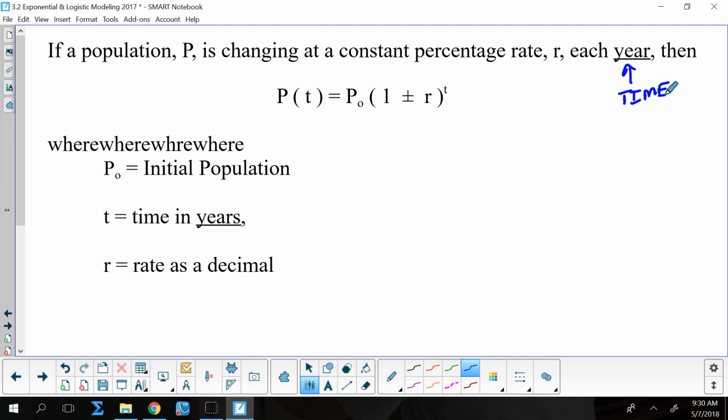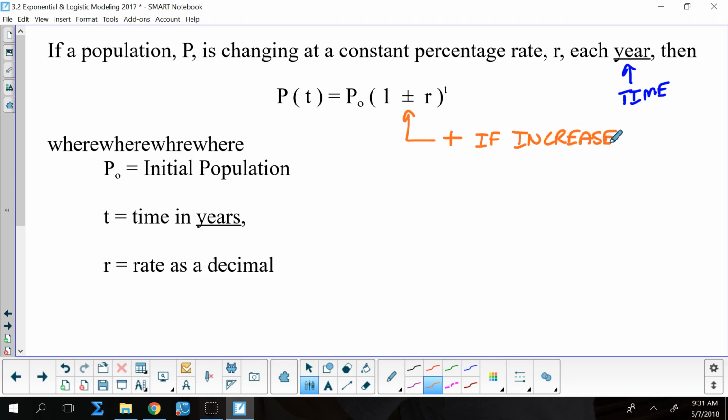But more importantly, P sub 0 is my initial population, t is my time, and r is my rate as a decimal. Like in that last problem, we had an 8% increase, so that's why we went 1.08. We added it. So here, we add if it is increasing, because that would give us an exponential growth.